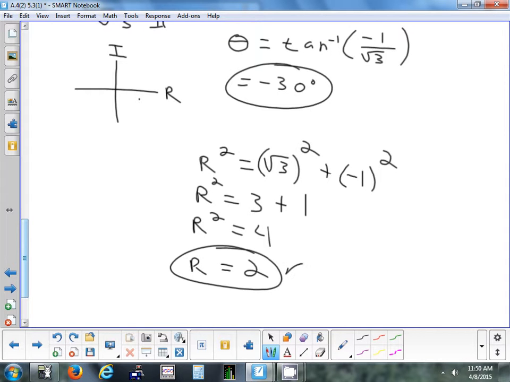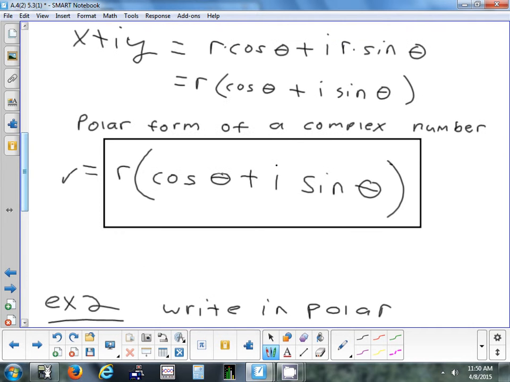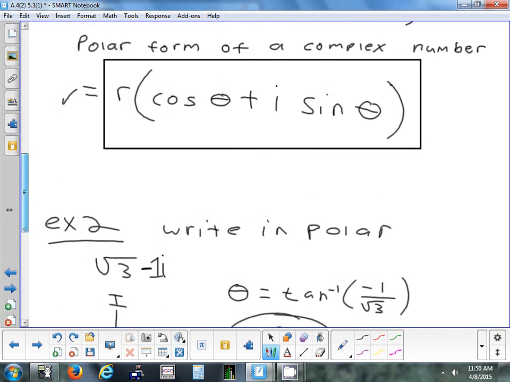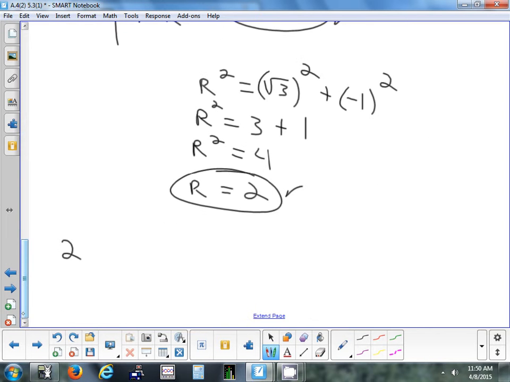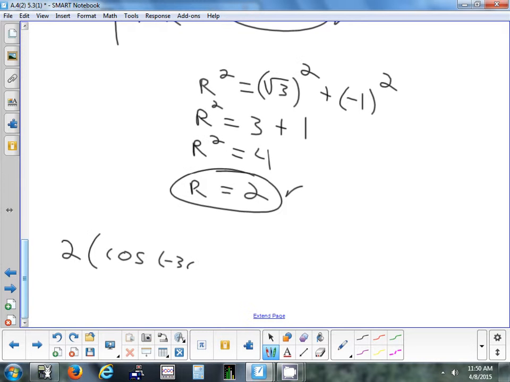Just take this, take that, and fill it into that: r cosine theta plus i sine theta. Once you fill it in, you're done. You don't do anything else. So it's r cosine theta plus i sine theta.